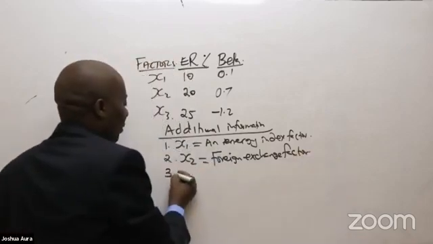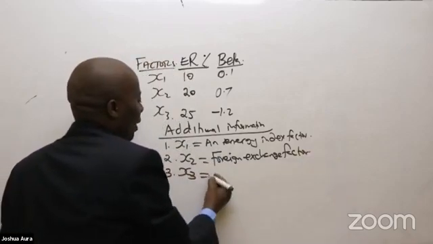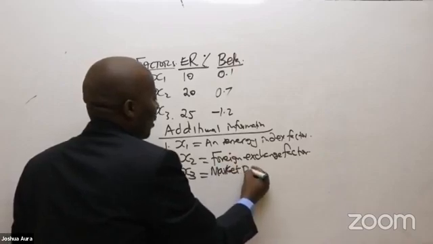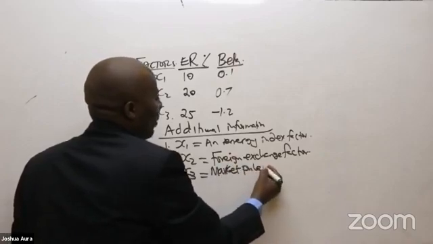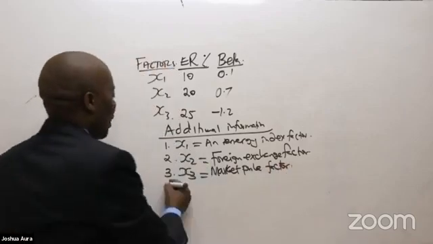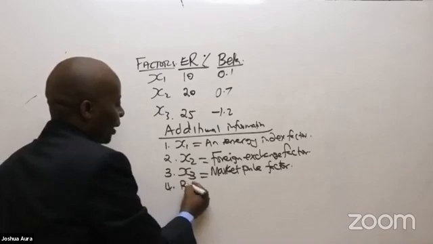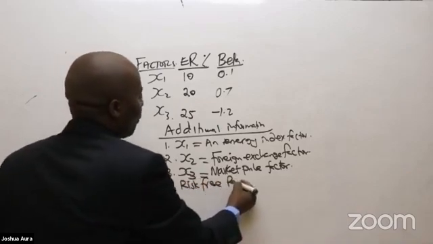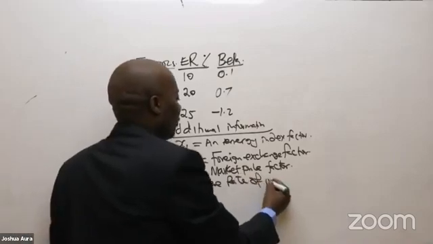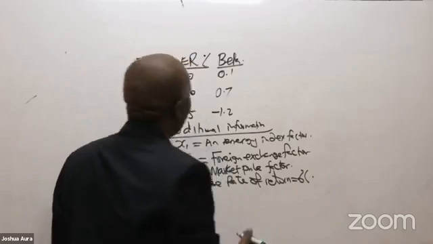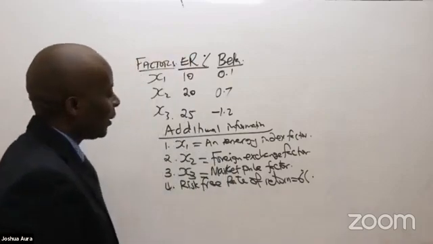And then number three, that X3 is a market price factor. And then number four, of course, you can't forget he will give you the risk-free rate of return, which will be 6%.